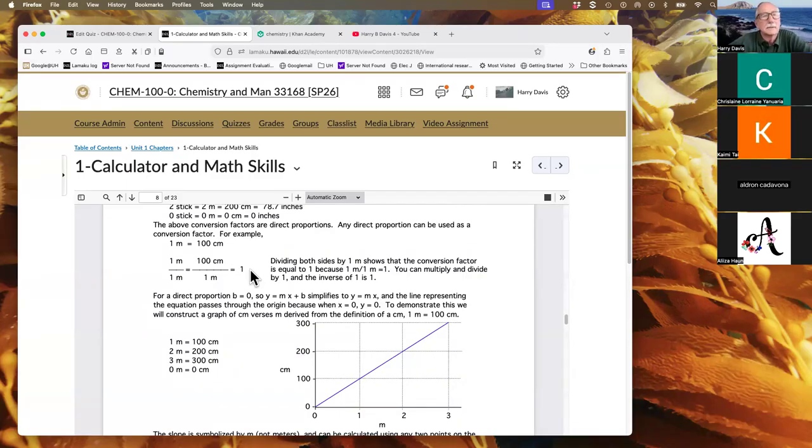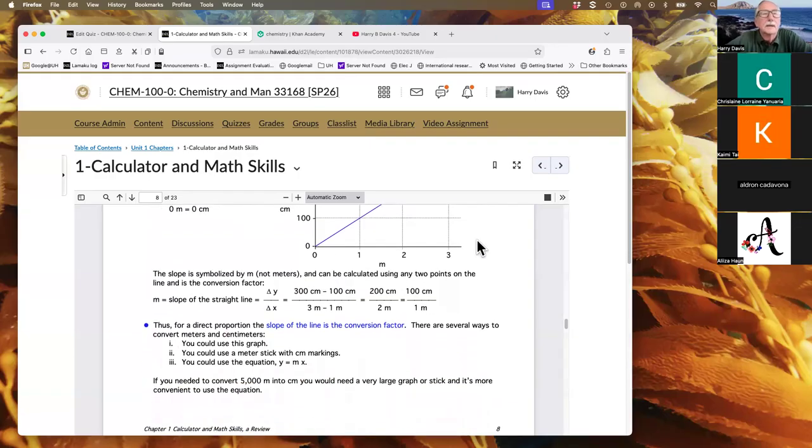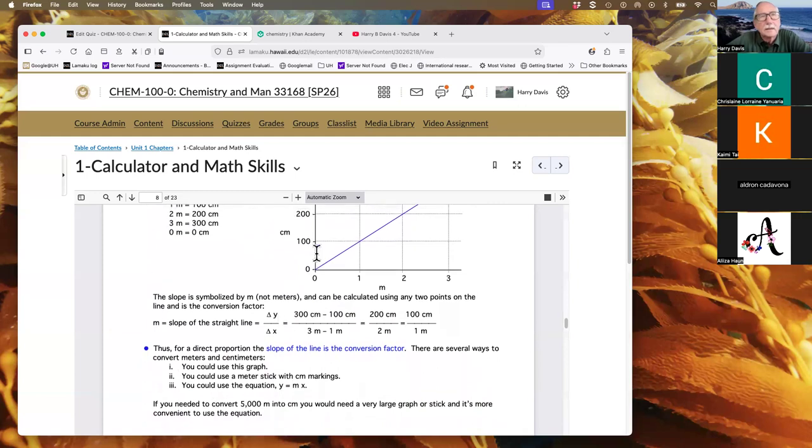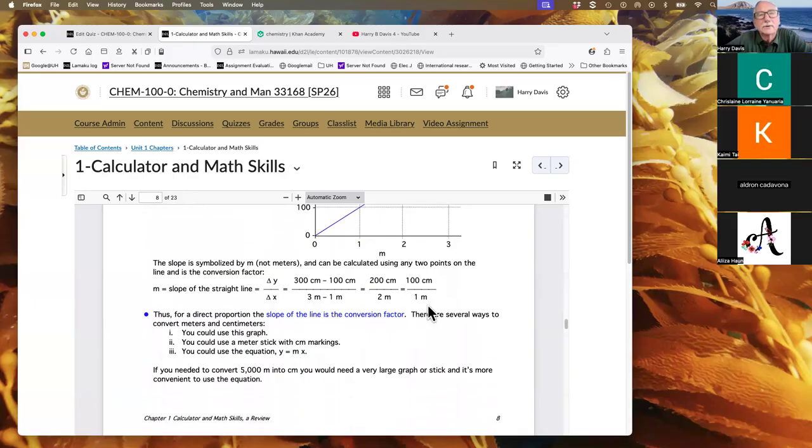It's magical. So here, if I plot it, like here's 1 meter is equal to 100 centimeters, 3 meters is equal to 300 centimeters, I get a straight line passing through the origin. It's a direct proportion. The slope of that line, the change in y divided by the change in x, look, that's the conversion factor right there.